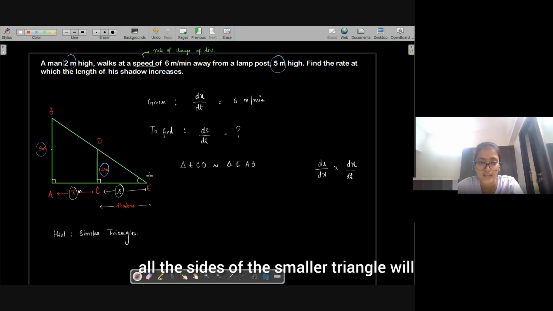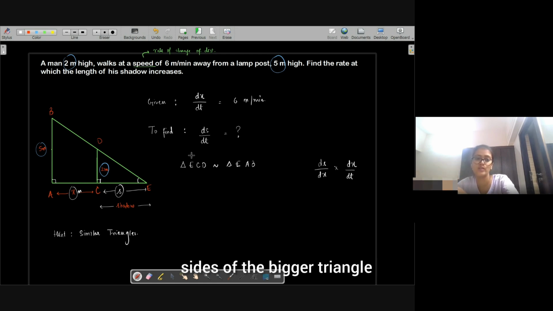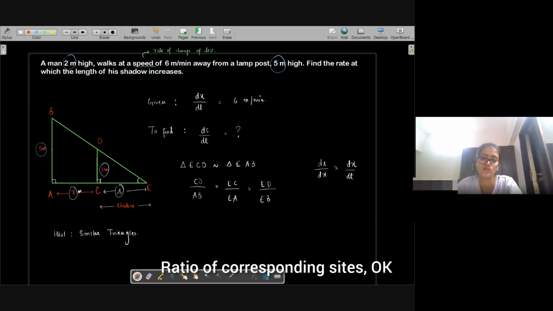So all the sides of the smaller triangle are proportional to the corresponding sides of the bigger triangle. So I can say that CD over AB is equal to EC over EA, and that is equal to ED over EB, the ratio of corresponding sides.